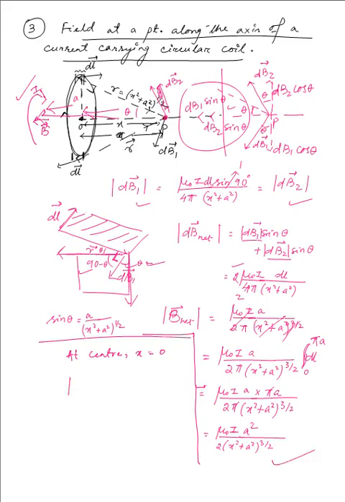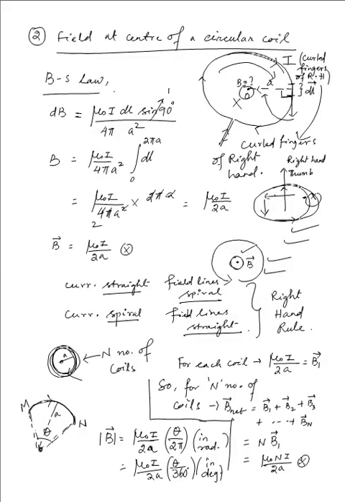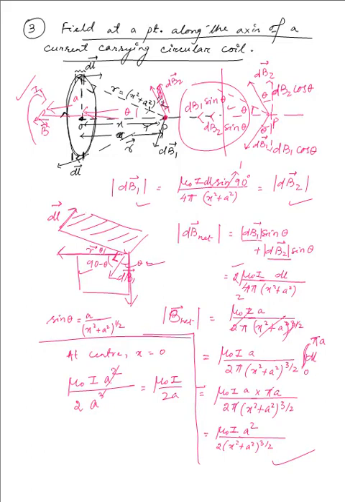It is pretty interesting: mu naught I a squared divided by 2, with x gone to 0, a squared to the power 3 by 2 gives a cube, and a square cancels with this, leaving mu naught I divided by 2a, which is nothing but the case we had studied right here. So it's easier to remember this formula.